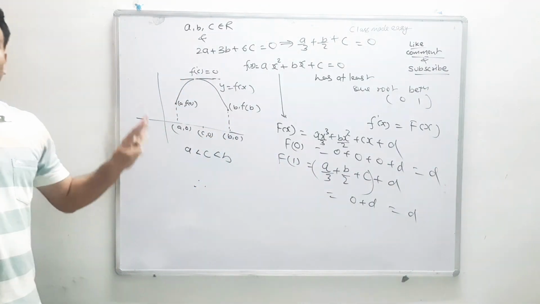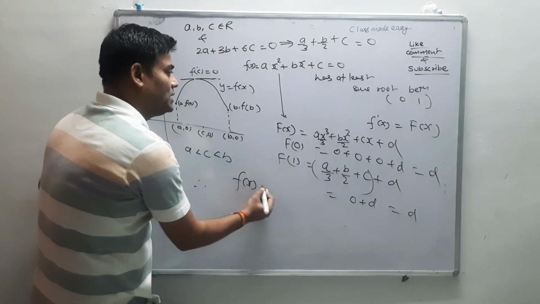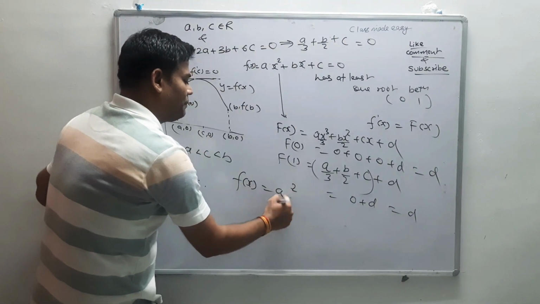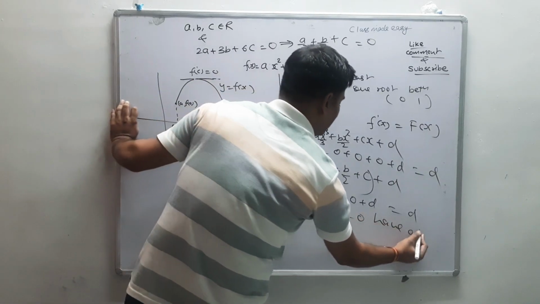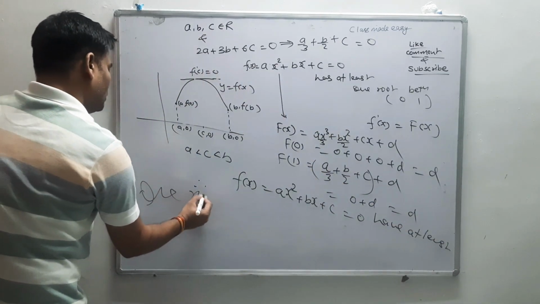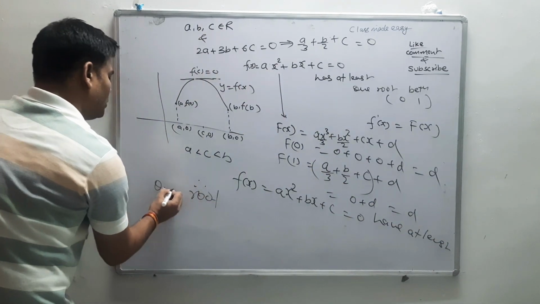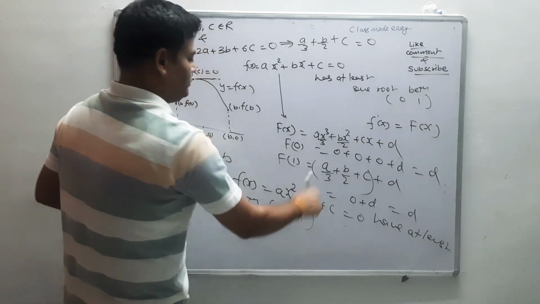So its differentiation, f of x equals ax square plus bx plus c equals 0, has at least one root between 0 and 1.